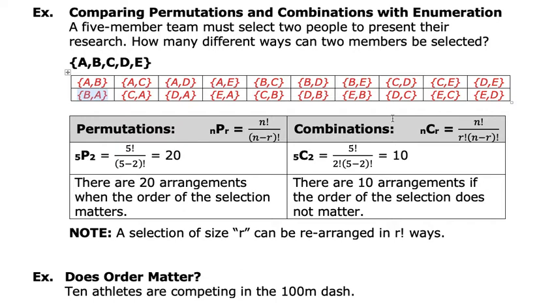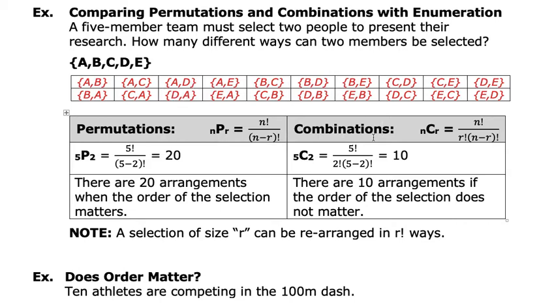For a set selection of 2, there's 2 factorial ways in which that can be rearranged. Namely, 2 factorial is 2 times 1, 2. That makes sense because if we have AB, there's BA that needs to cancel. For each set in the top row, the matching set in the bottom row needs to be eliminated if we're talking about combinations, because AD is the same as DA.